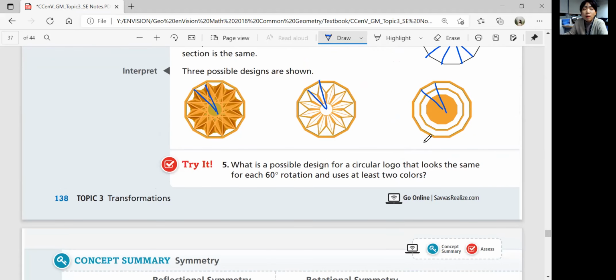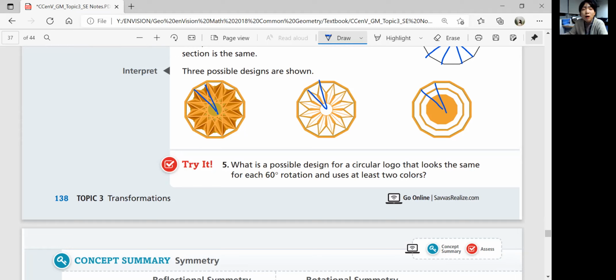So number 5, what's a possible design for a circular logo? It has to be circular that looks the same for each 60 degrees rotation and uses at least 2 colors, okay? So think about these.